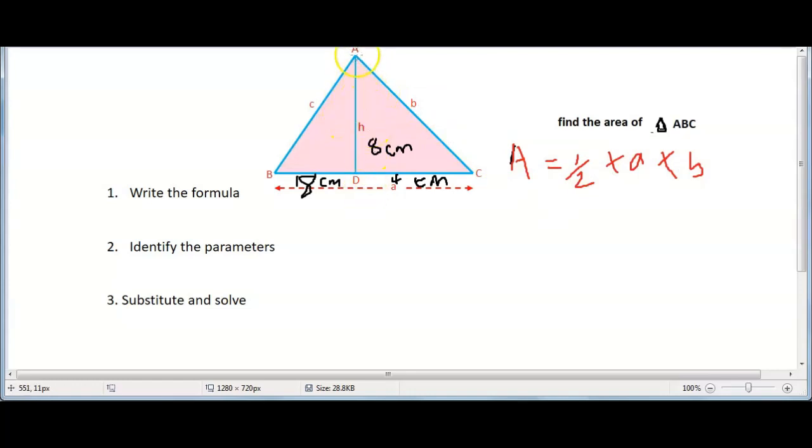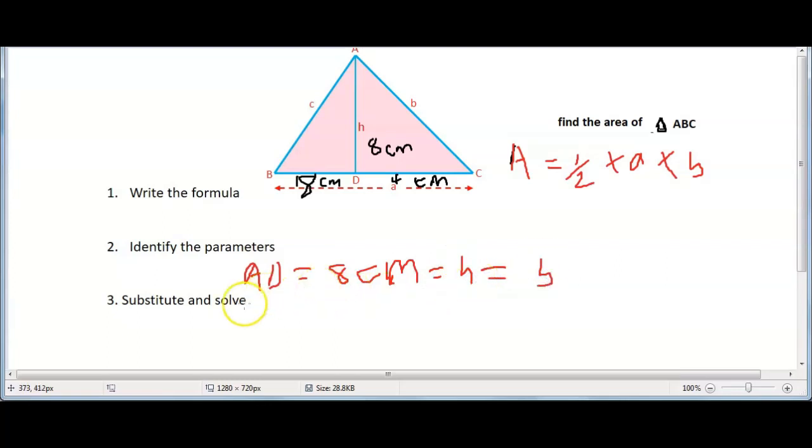So side AD is 8 centimeters. So for the parameters, we are going to say ED equals 8 centimeters. This is the same thing as h, but in our case we use it as b.